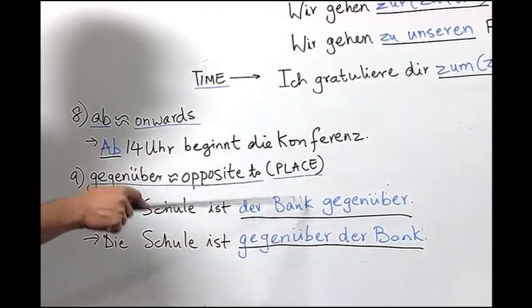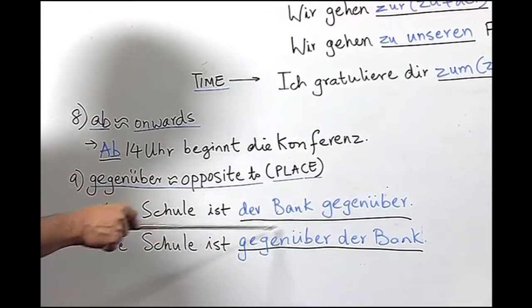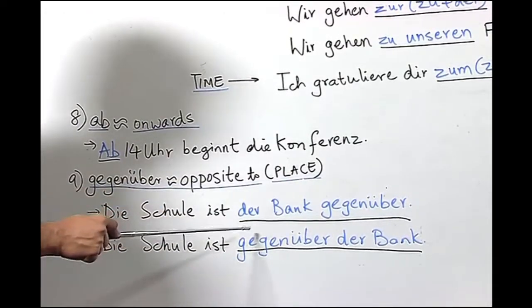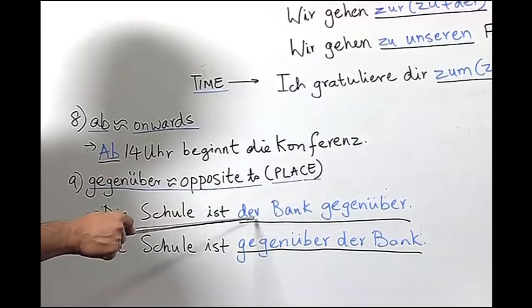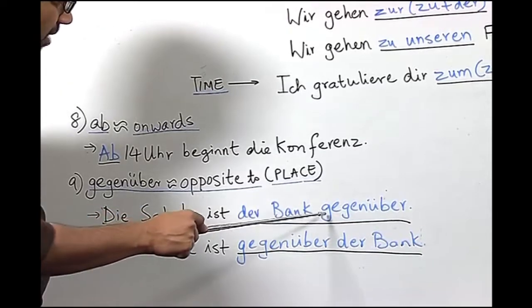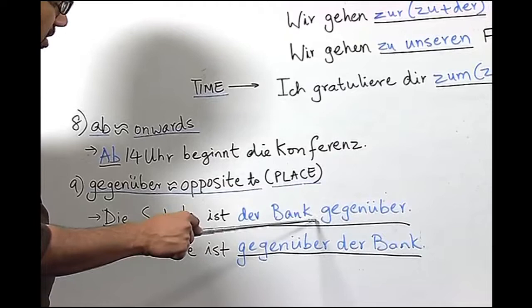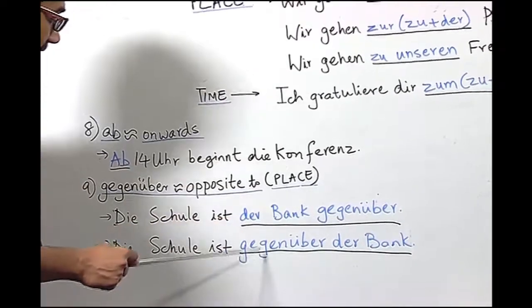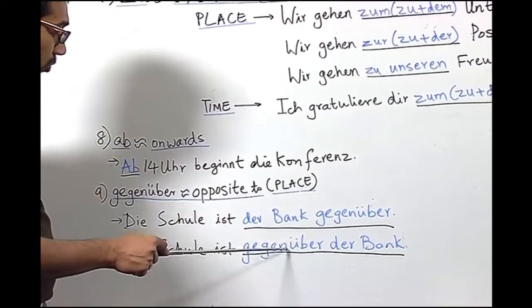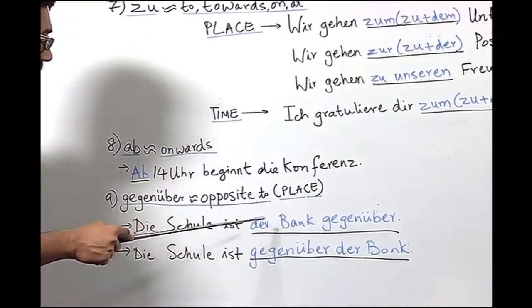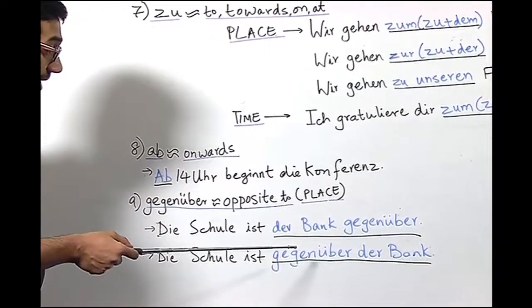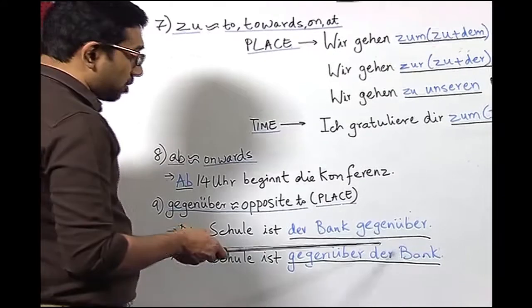If you focus on these two sentences, especially the underlined parts, you would see that in the first sentence we have the preposition after the noun, and in the other sentence we have the preposition before the noun. Well, gegenüber is a special preposition in dative where it can change its position.